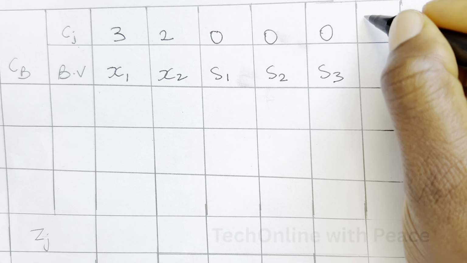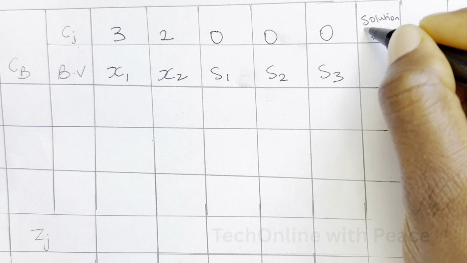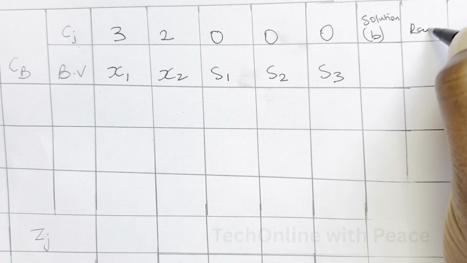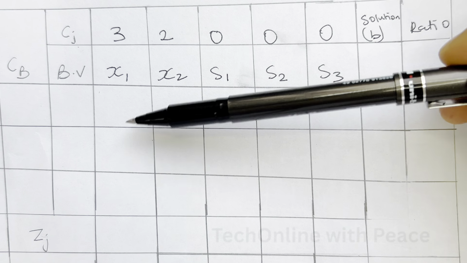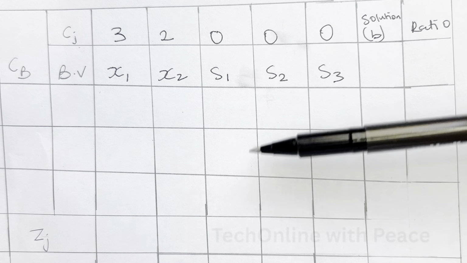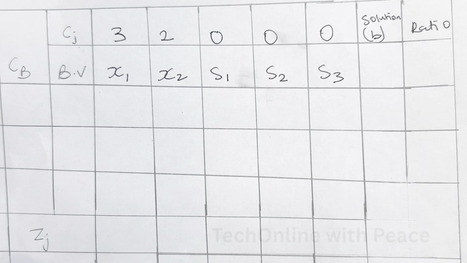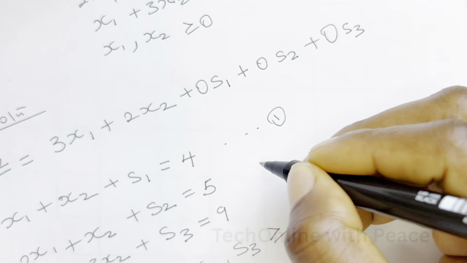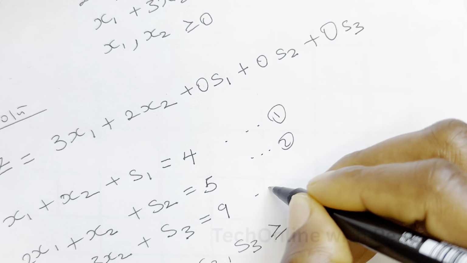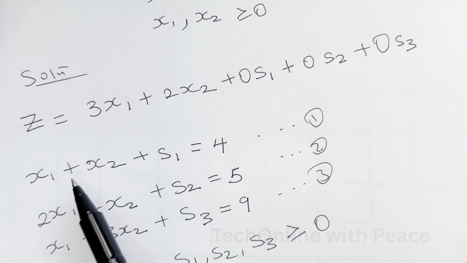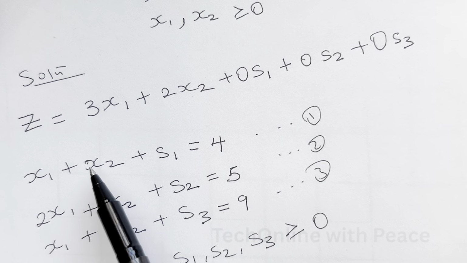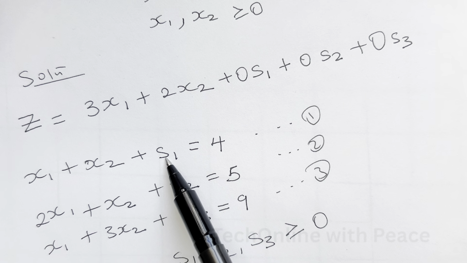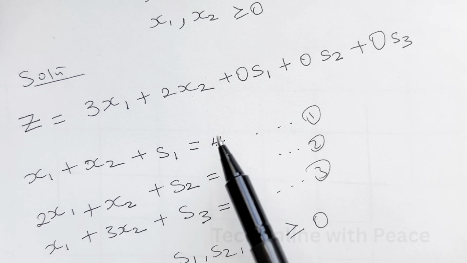We have our solution here, also called B, and also we have our ratio. The values that will be here will be our constraints, which I will show you, from constraint 1, 2, 3. For the first constraint, we have x1, x2, s1 equal to 4.